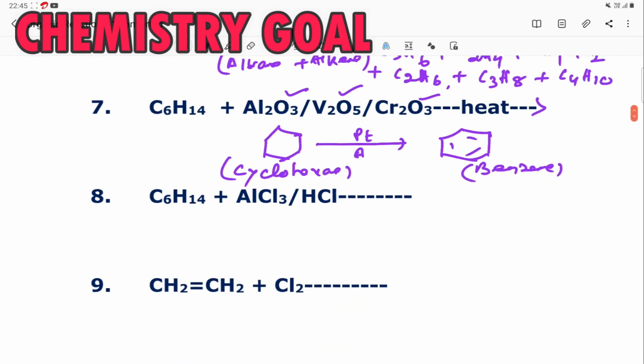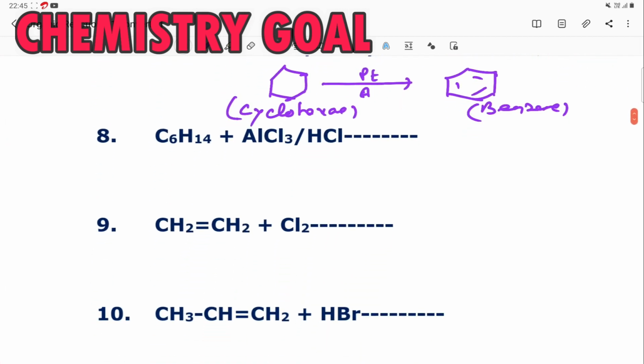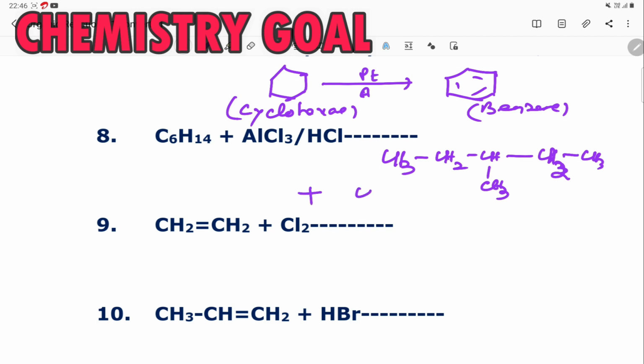Similarly, here hexane when treated with aluminum chloride and HCl undergoes isomerization, forming CH3 CH2 CHCl CH3 CH2 CH3, because your total carbon is 6, plus another side product CH3 CH3 CH2 CH2 CH3.